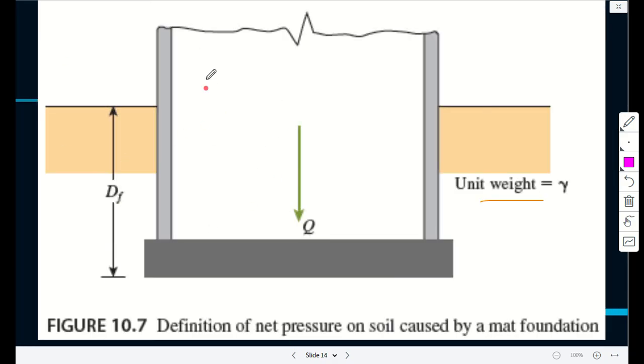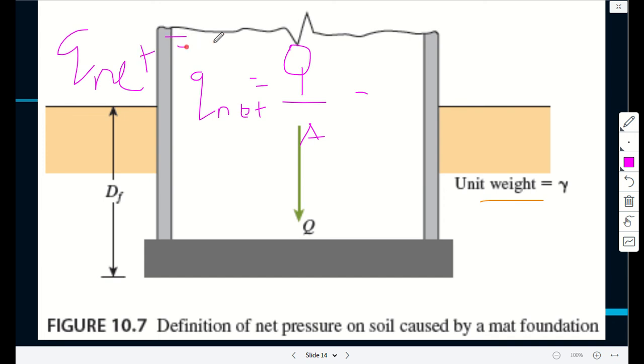So we say q net equals q, which is the q over the area, minus q, which is usually the bearing capacity minus gamma times Df.